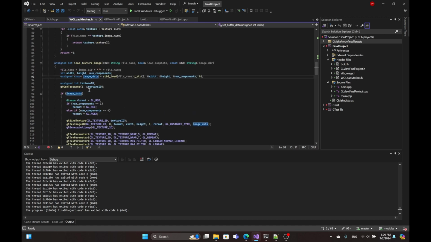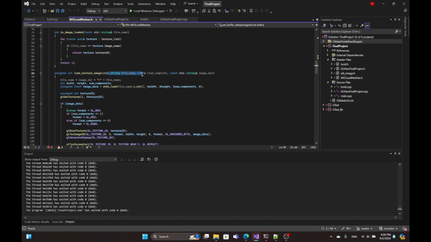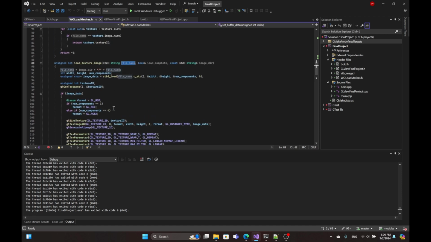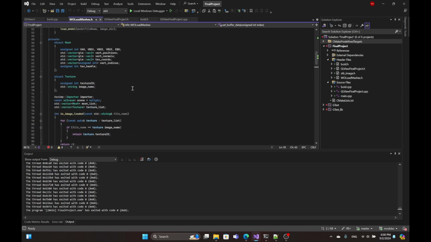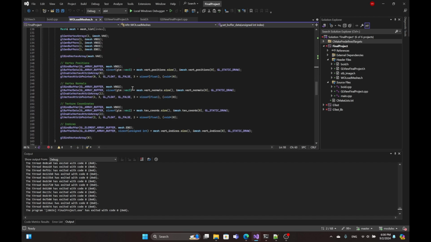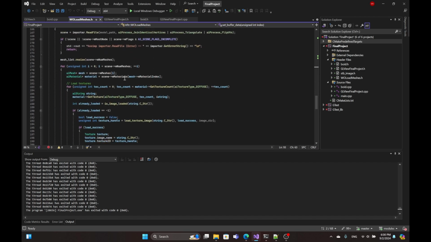It will be a string here that loads in the file, and then the image itself will be loaded, and the image will be found by these. So these meshes will be loaded individually by ASSIMP itself.